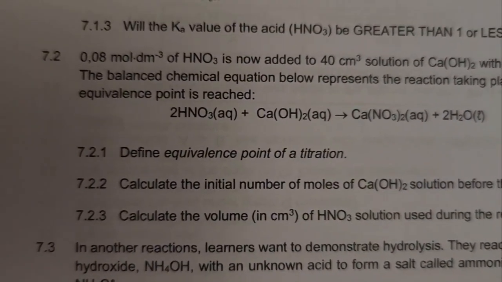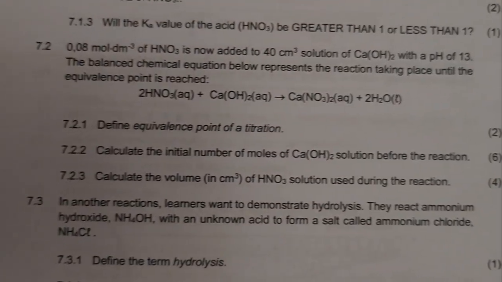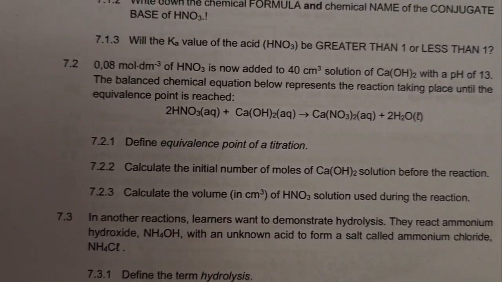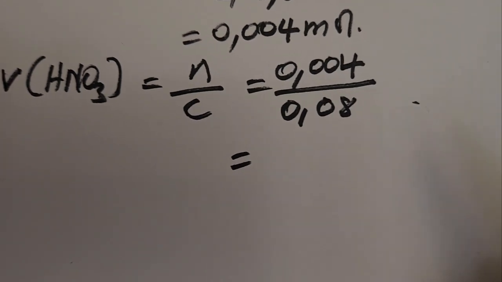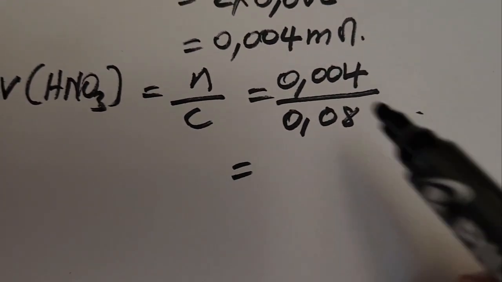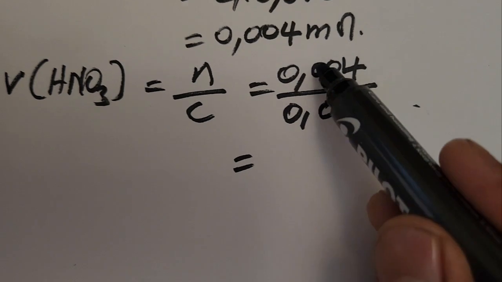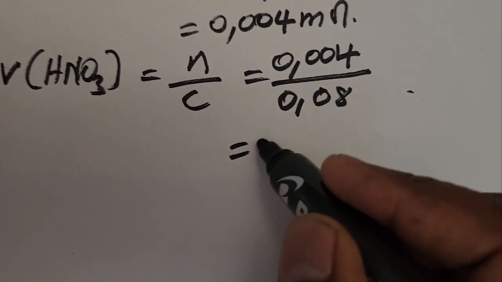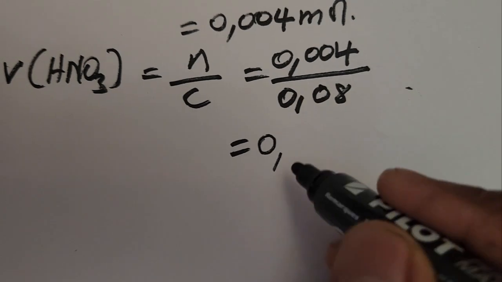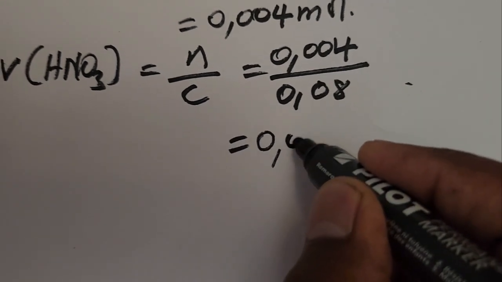That's what is given. Therefore, if you use your calculator, this one cancels this, I remain with 0.4 divided by 8, which will be 0.05.